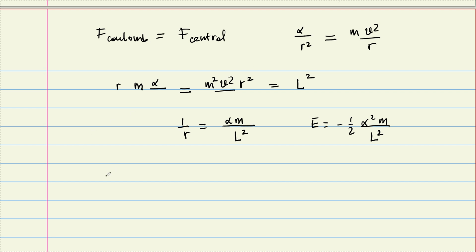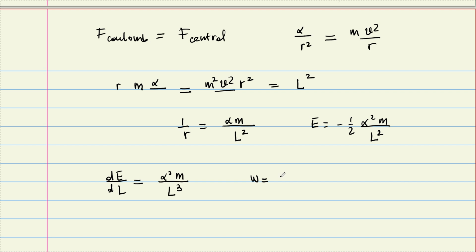Now let's calculate the change in energy with change in angular momentum. And this is a simple derivative, right? So this 2 is going to come to the front, the minus will cancel, and you are going to have alpha squared m divided by L cube. And here I want to show you a factor using the frequency.